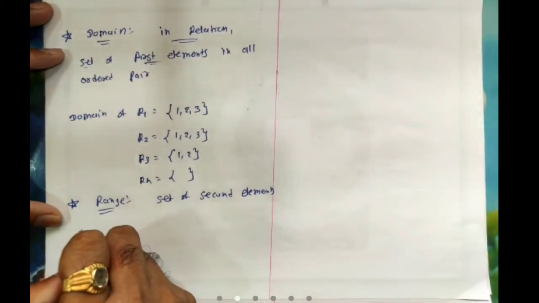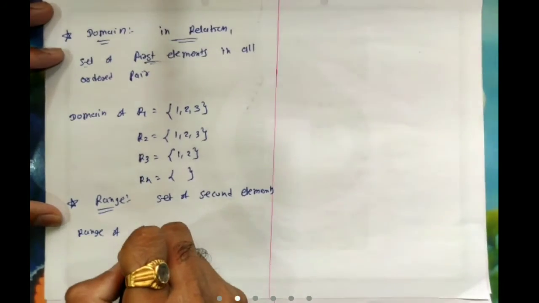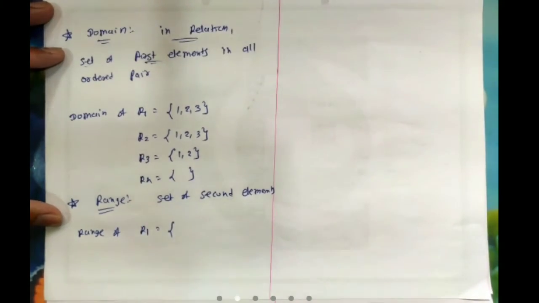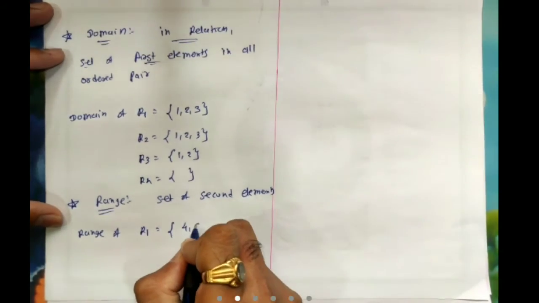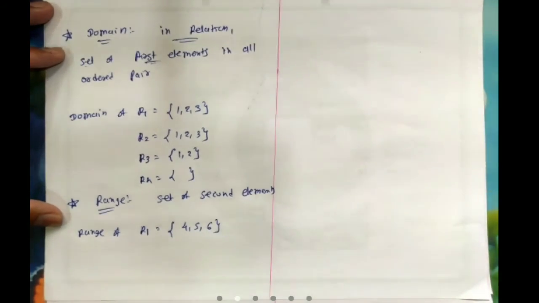So what is the range of relation R1? For relation R1, you have to check all your ordered pairs and consider the second elements. If you check, you will find 4, 5 and 6. These are the second elements. So 4, 5, 6 is known as the range of relation R1.